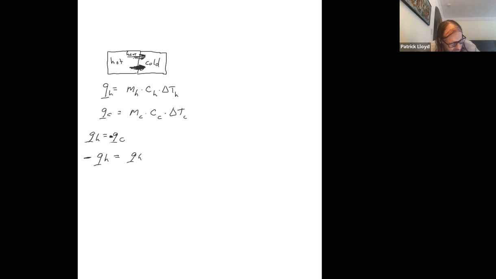Oops, sorry, this is the cold. It doesn't really matter as long as you have them being opposite. Really what we're saying here is Q hot plus Q cold is 0. The two of them added together have to be 0 because we're not creating any energy, right? It's just being transferred from the hot to the cold. So mathematically, Q cold would just be minus Q hot.